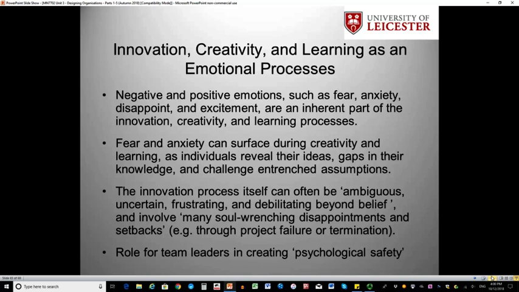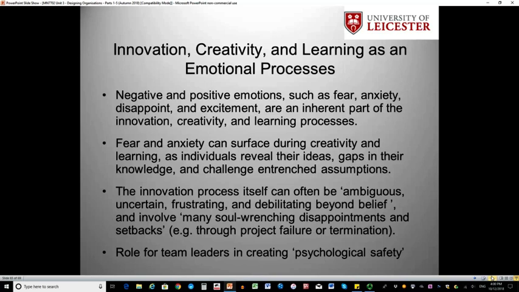setbacks. And so when we're thinking about innovation, we need to think about the emotions that are linked to success and failure in the innovation process. There's a lot of fear and anxiety that surface when we are learning things that we don't know, when we have to reveal knowledge that we don't know. And I think we need to think about managing the emotions as project leaders as well as managing the social, political and project dimensions.